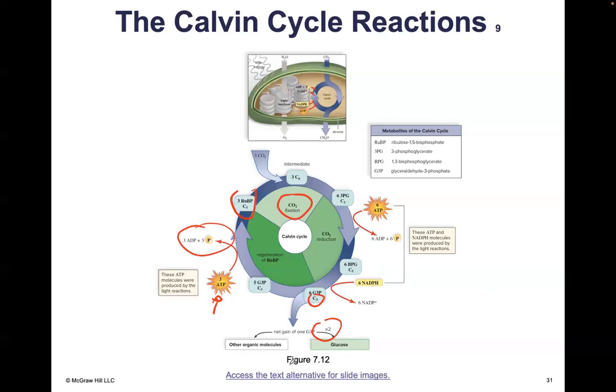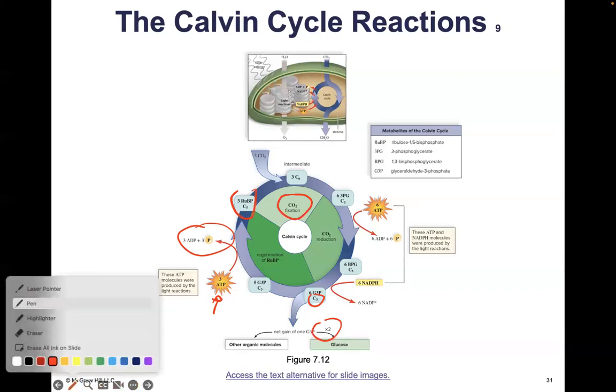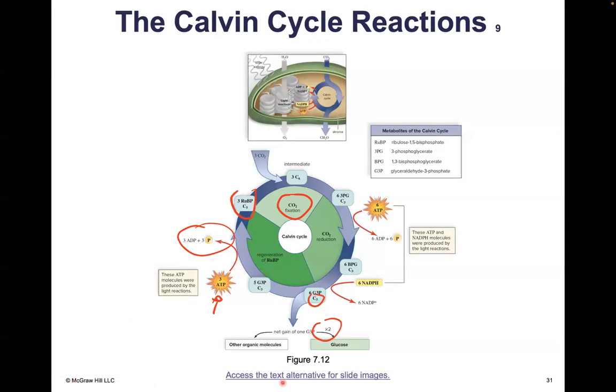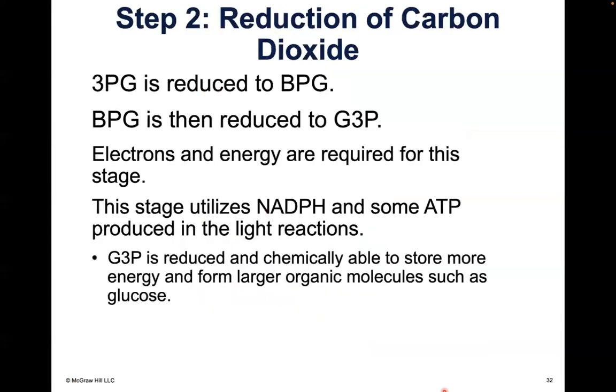If you want more information about it, you can click on the alternate information on the slide, and you will see more. The second stage of the reaction is the 3PG being reduced to BPG, which is 1,3-bisphosphoglycerate.